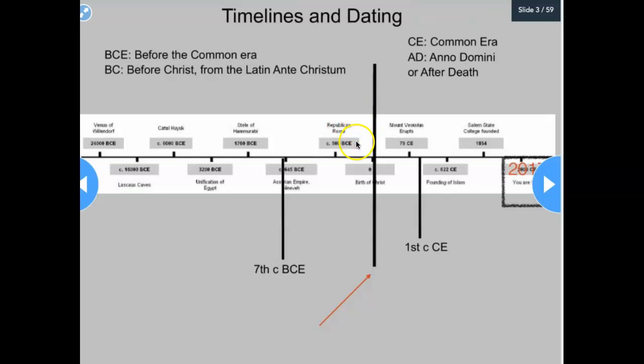And so everything before that, we say BC, before Christ, or some people say BCE, before the Common Era. And after the year 0, we typically say CE or AD, the Common Era, or after the death of Christ, right? So when we talk about today, we're in the year 2020.